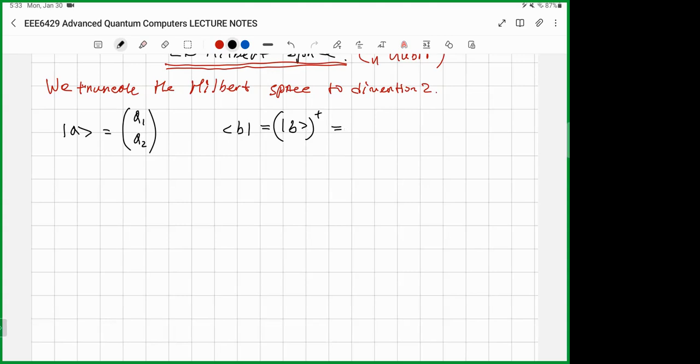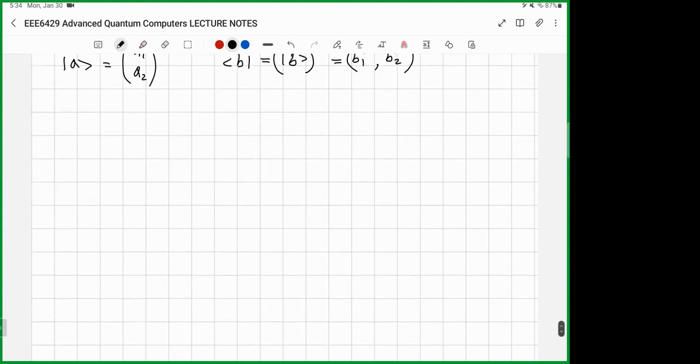And it will be the string of components B1 complex conjugated, B2 complex conjugated. So these are my ket and bra vectors in this two-dimensional Hilbert space. Accordingly, the inner product of B and A will be B1 complex conjugated A1 plus B2 complex conjugated A2. And this is a real number.